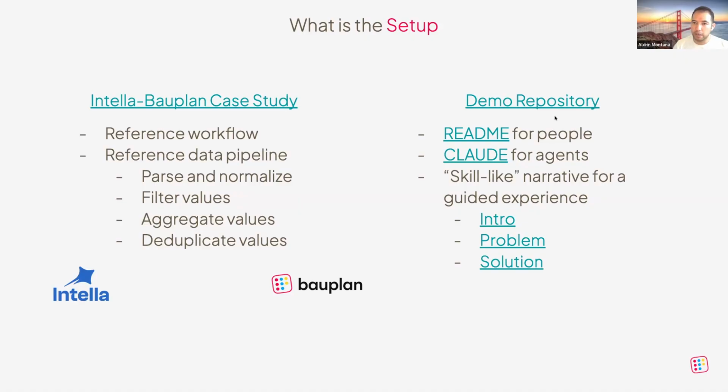In the repository for the demo, I have just a few things. The idea is that the demo is going to be entirely run by an AI agent. So there's a README for people, which describes the overview or the overall scenario, what the demo is. There's a Claude file for agents, and I'll be using Claude Code. And then I have a directory with skill-like descriptions.